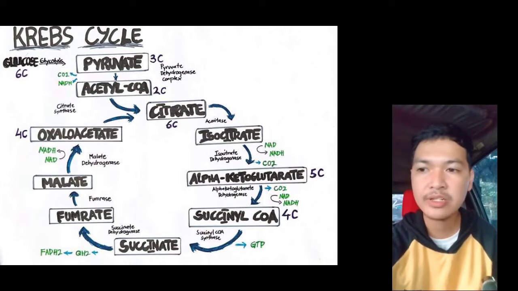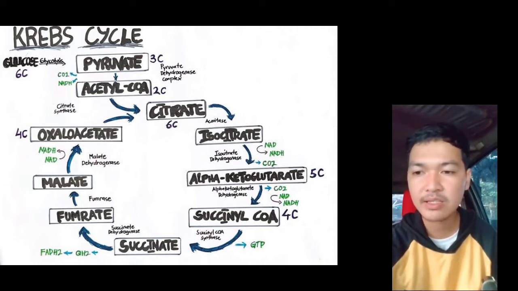In this reaction, a molecule of NAD is reduced to NADH and a molecule of carbon dioxide is released. The succinyl-CoA is a 4-carbon compound. The succinyl-CoA is converted to succinate by the enzyme succinyl-CoA synthetase. In this reaction, a molecule of GTP is generated.